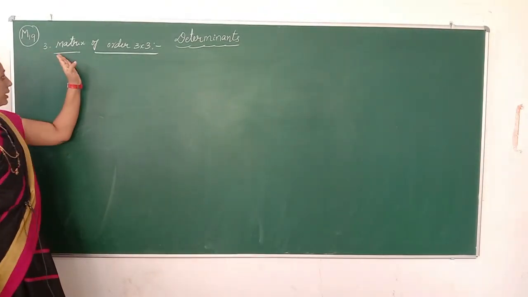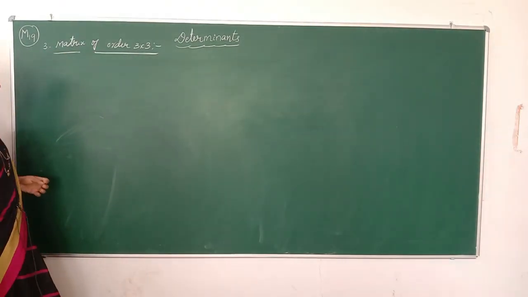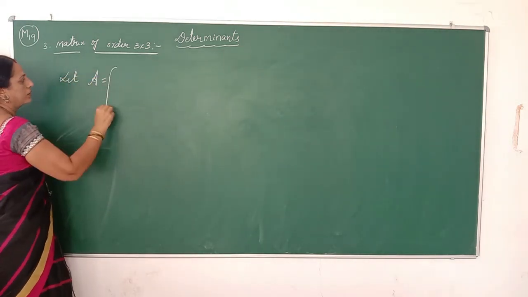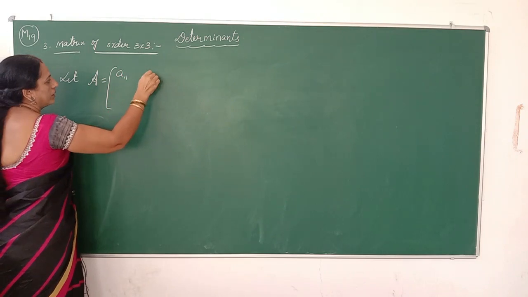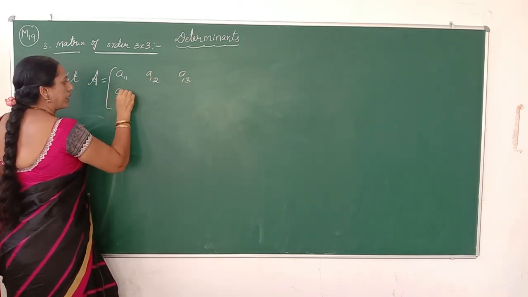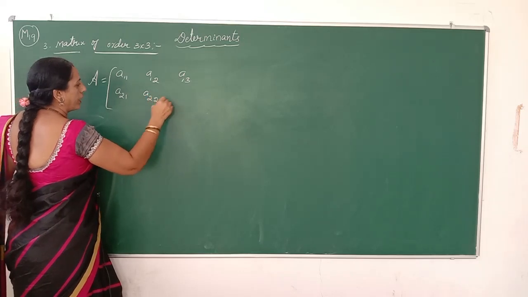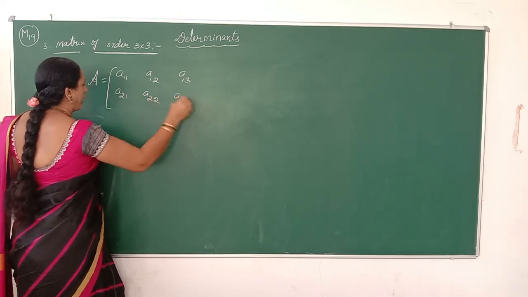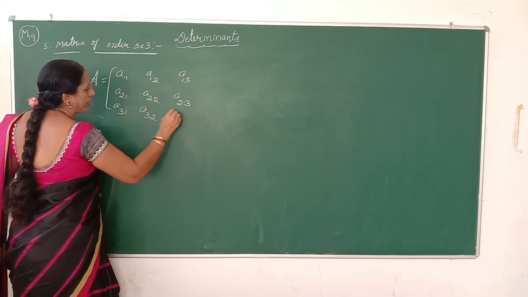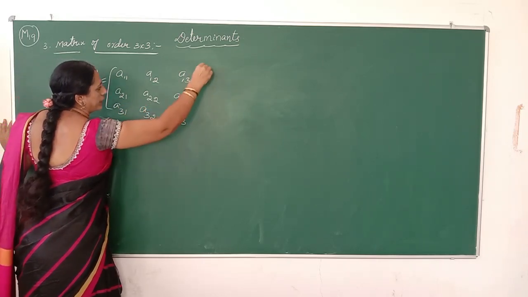Next, the matrix of order 3 cross 3. Generally, the elements of matrix A are A11, A12, A13, A21, A22, A23, A31, A32, A33.